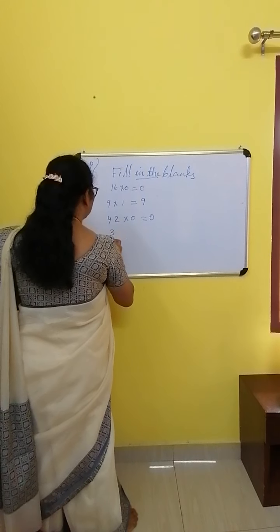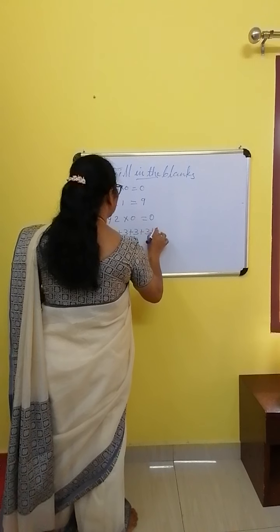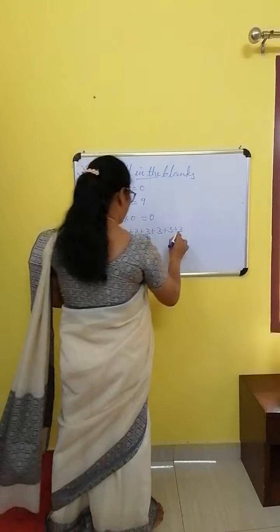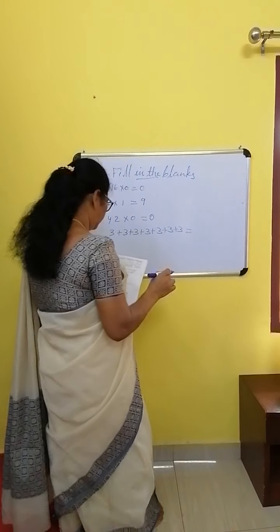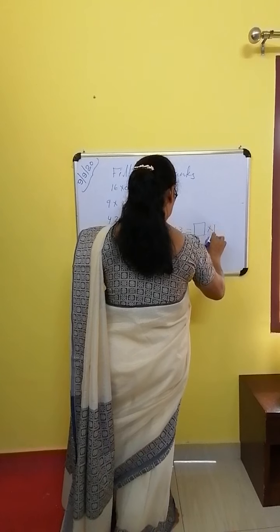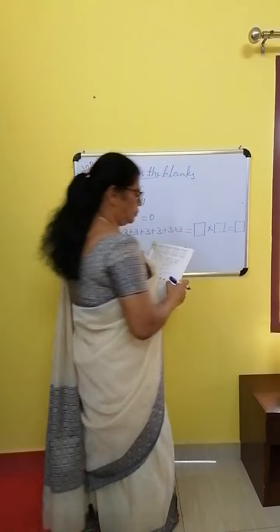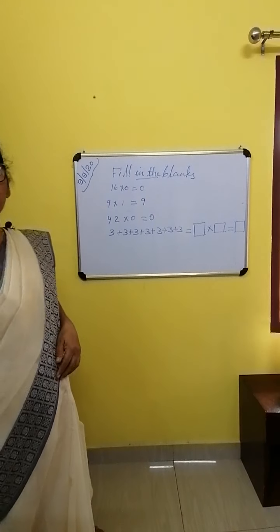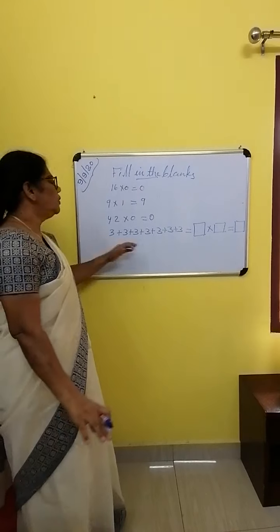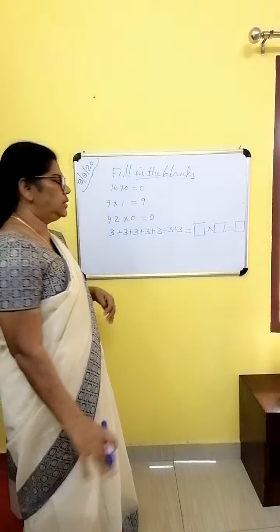Here 3 plus 3 plus 3 plus 3 plus 3 plus 3 plus 3 equals. 2 columns are there, then the last one column. The numbers are not the same in the textbook, it will be different. So you have to check when you write the answer in the textbook.